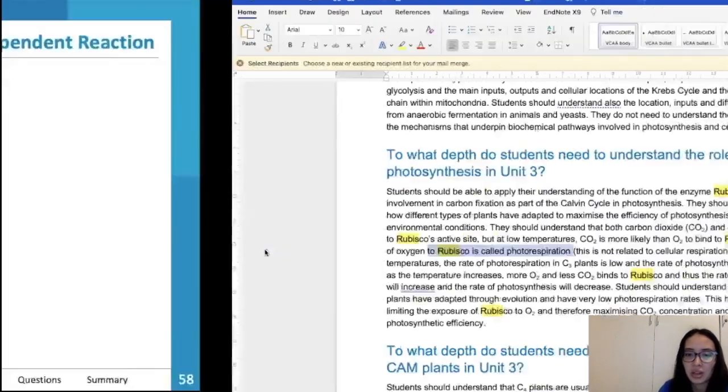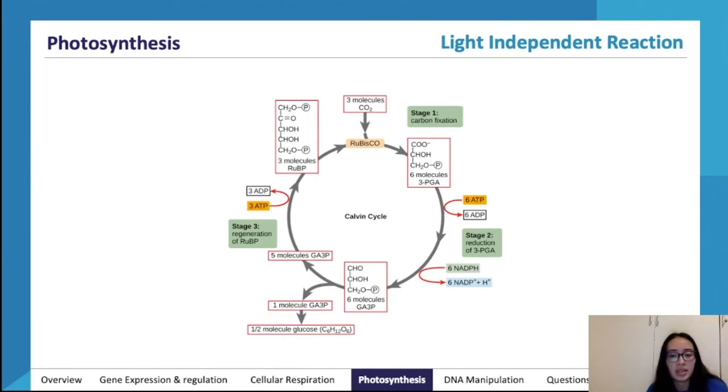Yeah, that's really important. I think I've just kind of summarized quite a bit here. So you can see here, you don't need to know too much about all of these stages, but do understand that you've got carbon fixation occurring, and you've got the production of 2 G3P molecules, also known as GA3P. And so GA3P or G3P produces half a glucose molecule. Putting two together creates one whole glucose. Okay? And you've also got some ATP being consumed in this reaction.